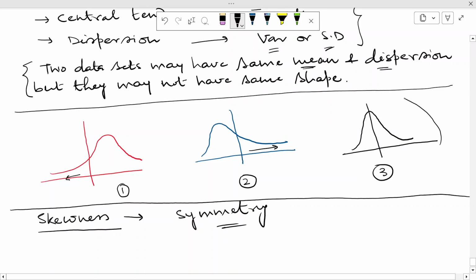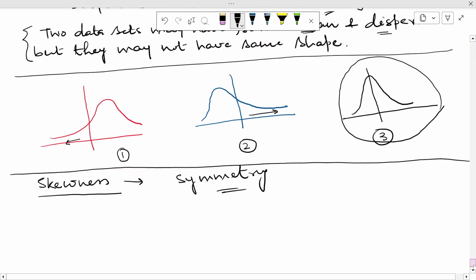If you have a symmetrical shape, then the data has no skewness, because skewness is simply defined, in one line, as lack of symmetry. So skewness is all about the study of symmetry.